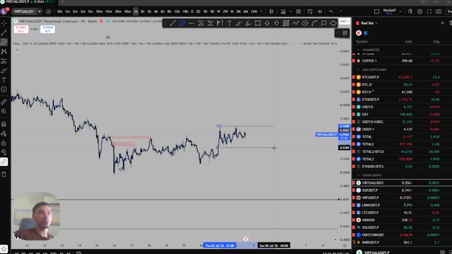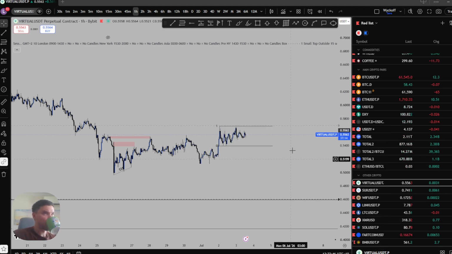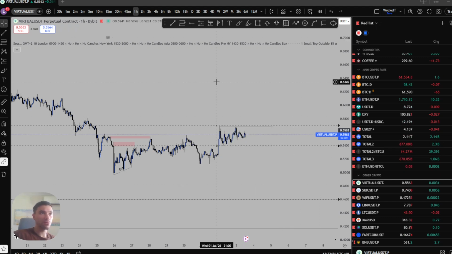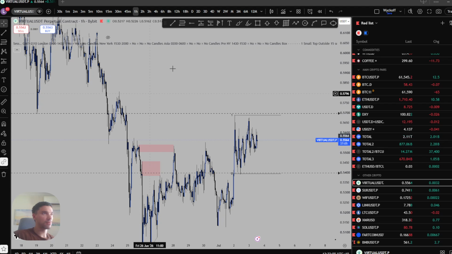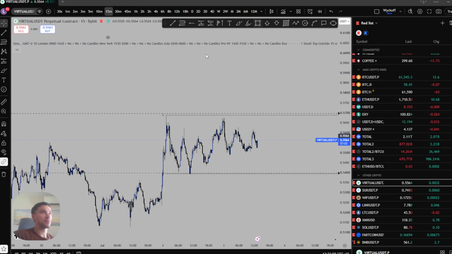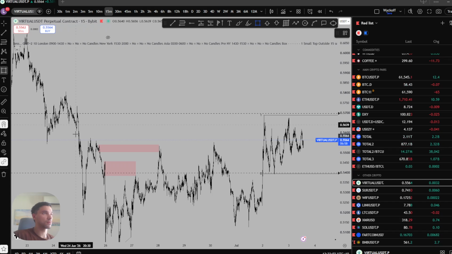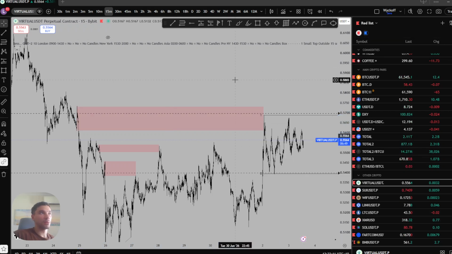At the moment for Virtual, I'm looking at this range. And we have mitigated whatever supply was in here. Perfect.